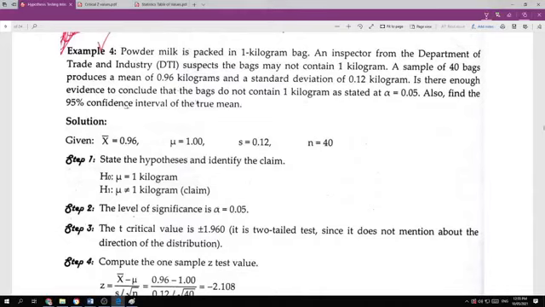Is there enough evidence to conclude that the bags do not contain 1 kilogram as stated at 0.05 level of significance? So, take note of this.